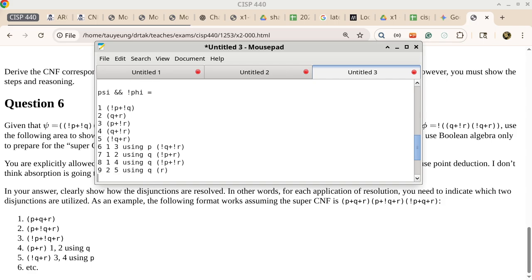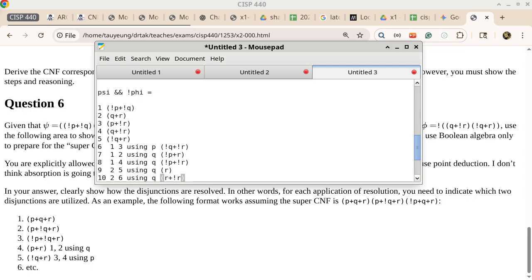R. There we go. And then we now move on to number 10. Let me space out everything a little bit so it's easier to read. Number 10 is going to be looking at 2 and 6. 2 and 6 can resolve using Q. So 2 is contributing R, and number six is contributing not R. Are we done here?